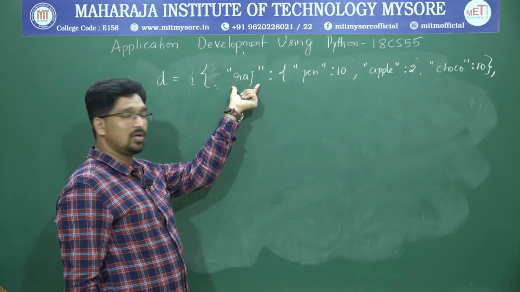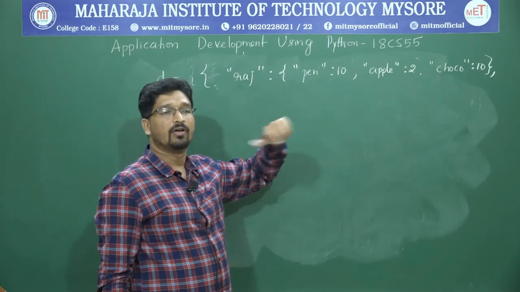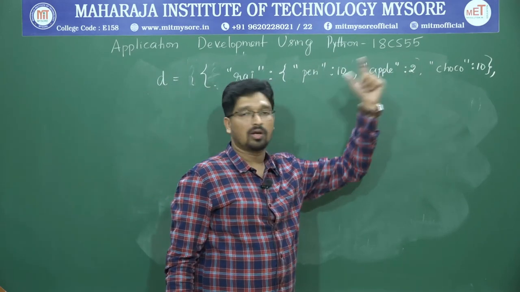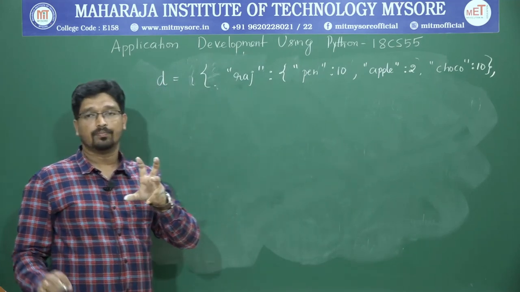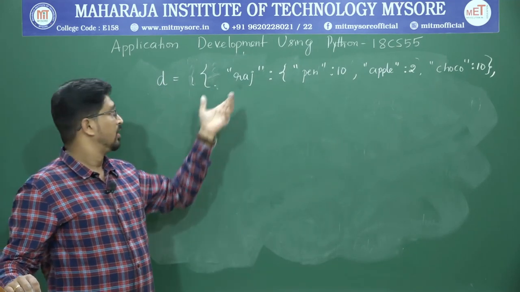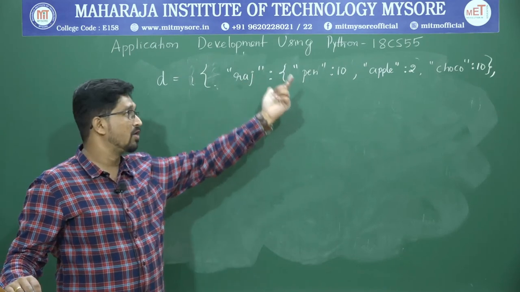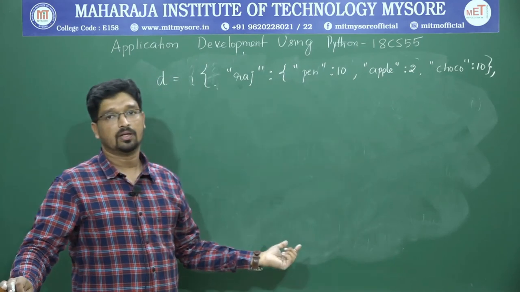Raj is a key. These are the values. The value is made up of a small dictionary: pen, apple, chocolates. This is how data will actually be stored. This is an advanced data structure. You have a list of customers and a list of items purchased and the quantity.